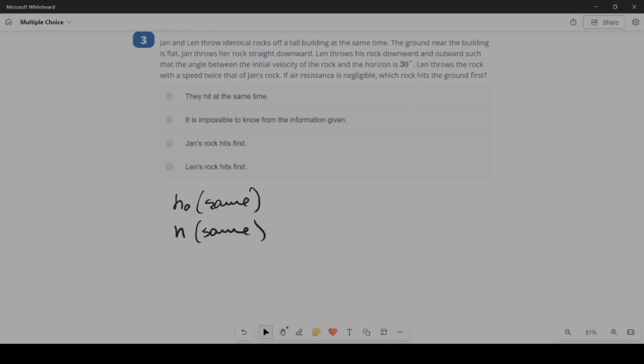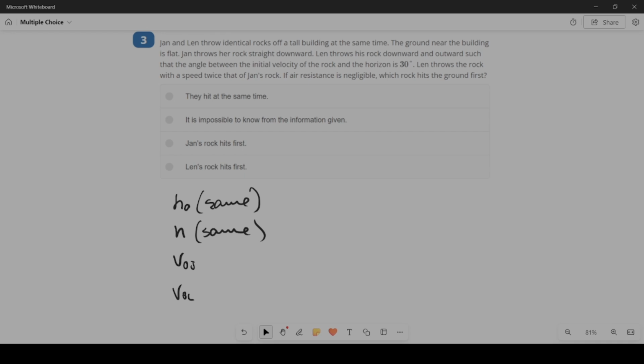Jan throws a rock straight downward, and Len throws his rock downward and outward. So they both have initial velocities, which I'm going to call v0J for Jan and v0L for Len.